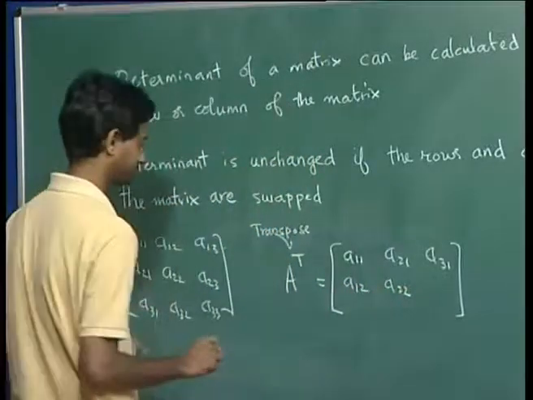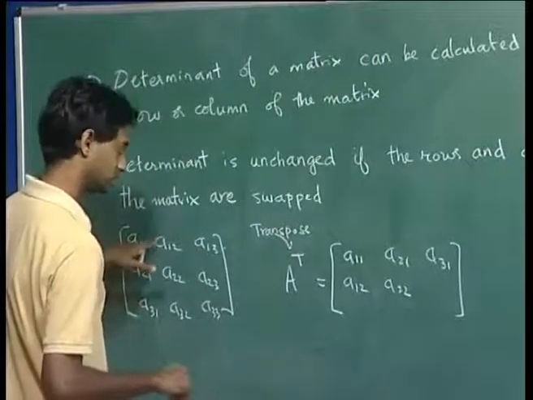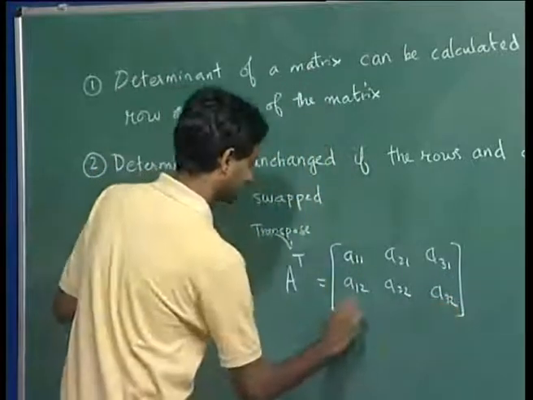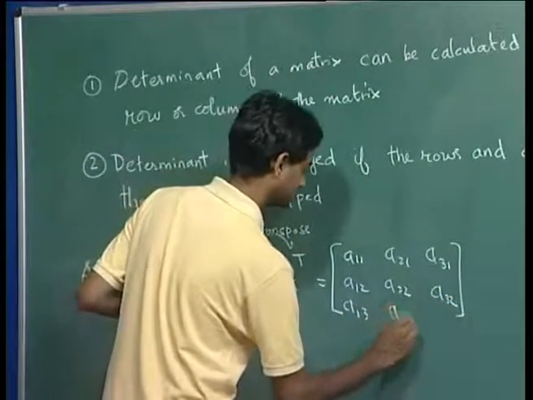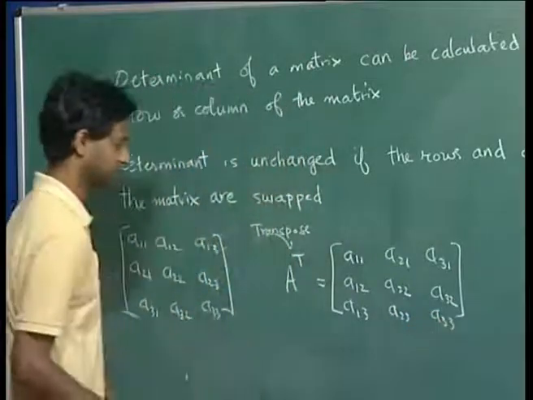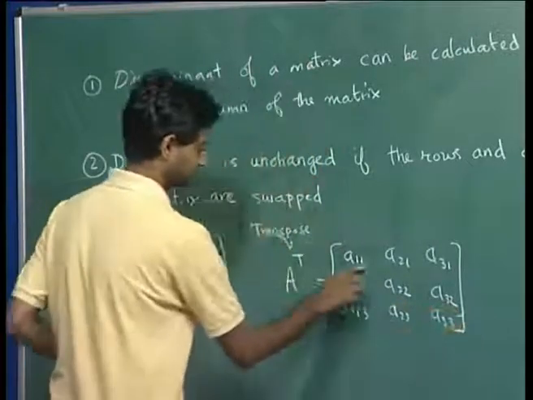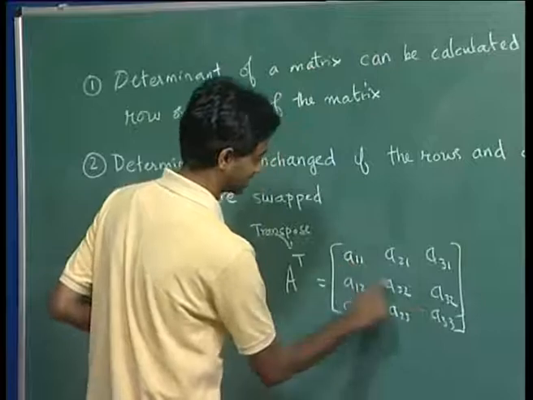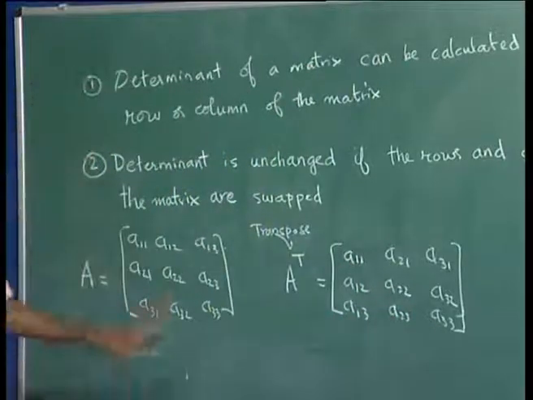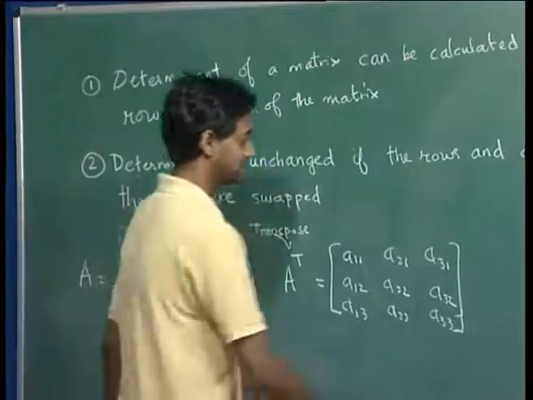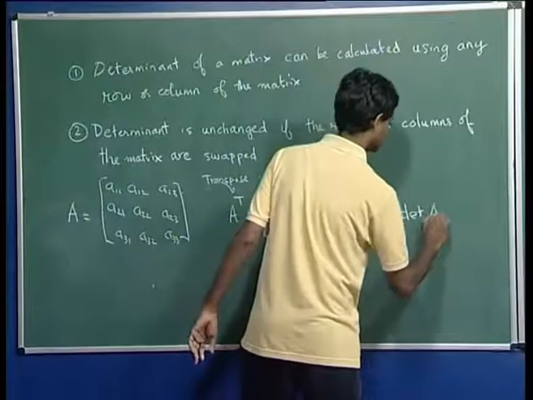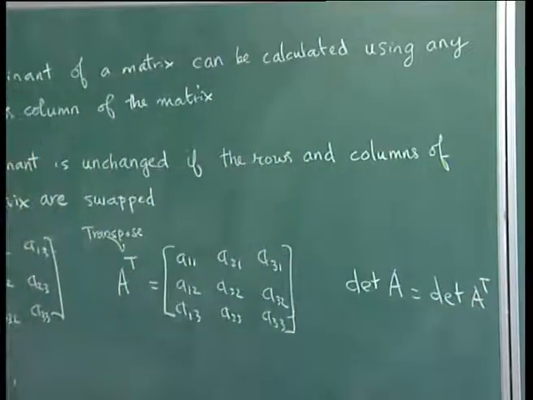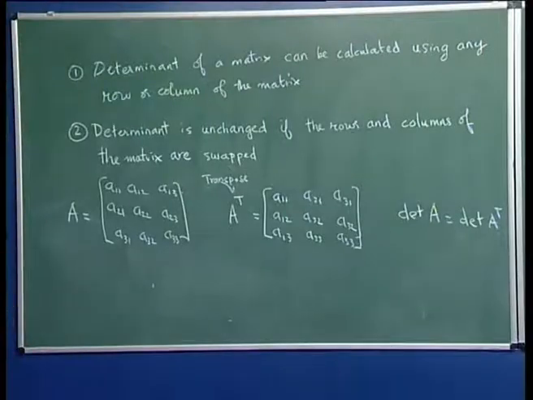A22 will remain the same. So I have A12, A22, A32, and then I have A13, A23, A33. So this matrix is called A transpose. Notice that we have interchanged the off diagonal elements, but the diagonal elements are unchanged, and it turns out that determinant of A equals determinant of A transpose. So, determinant is unchanged if the rows and columns of the matrix are swapped.